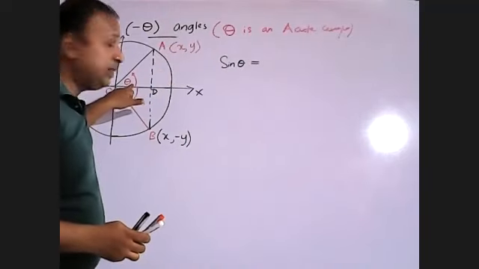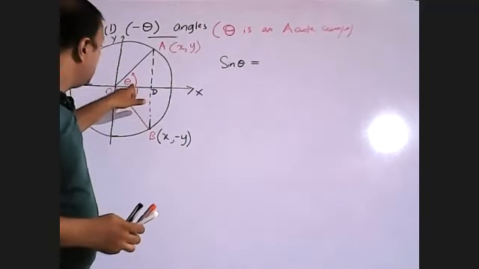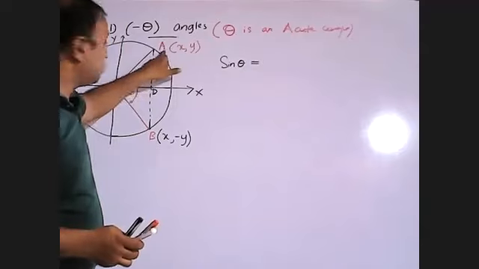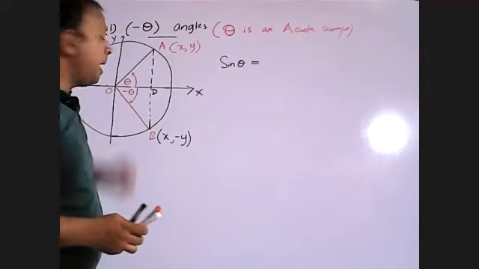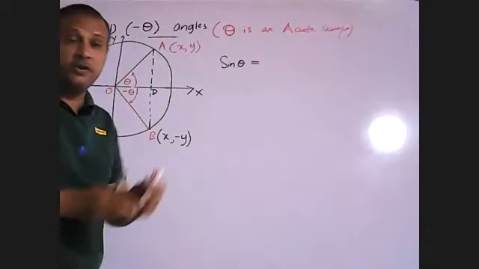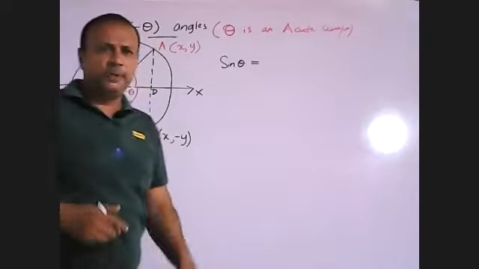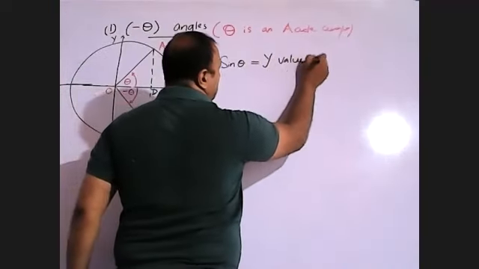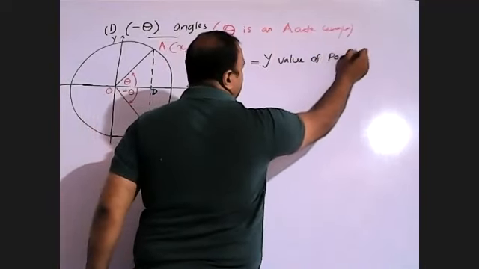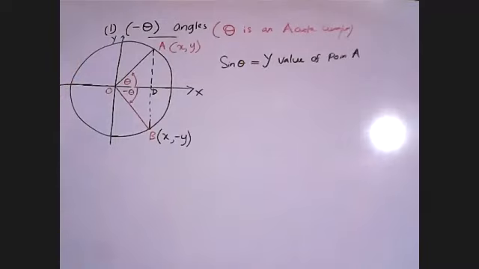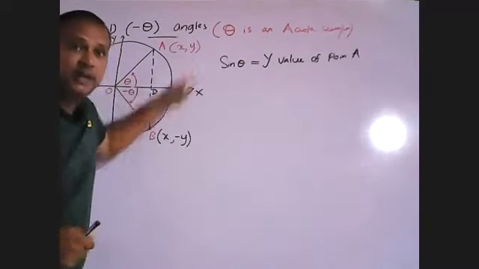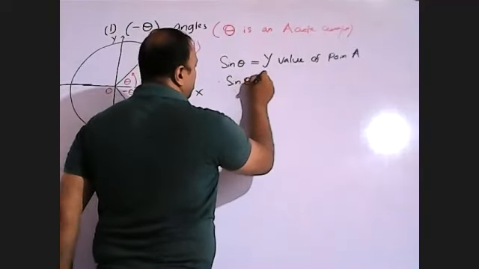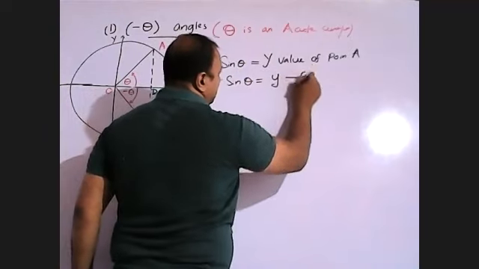Now here is the theta, so the particular point for theta is A. So sine theta is equal to the y value of point A. That is the basic definition. What is the y value of point A? It is equal to y. So sine theta is equal to y.